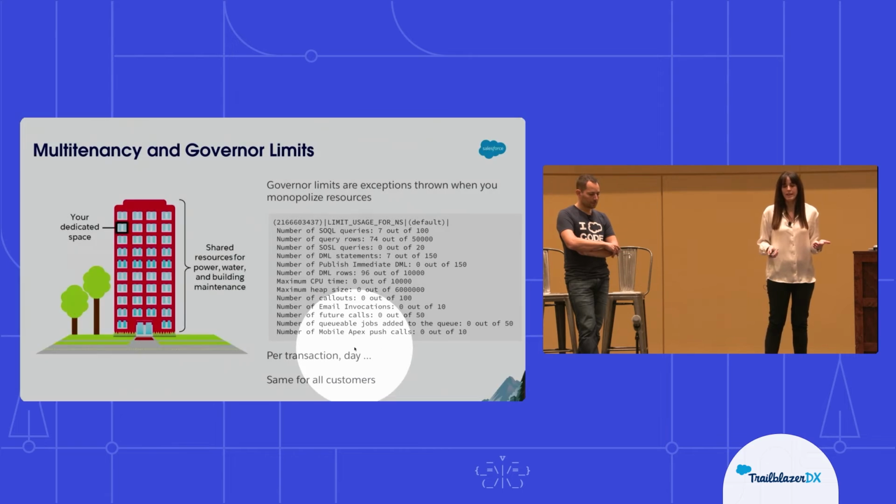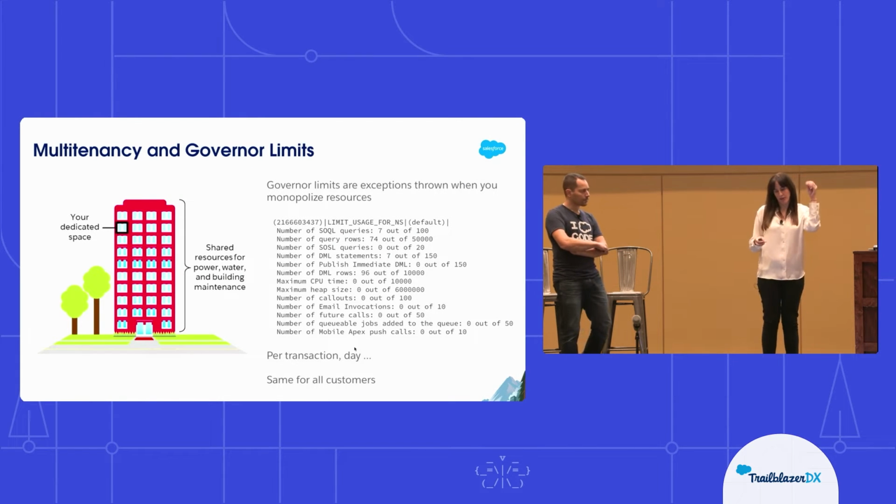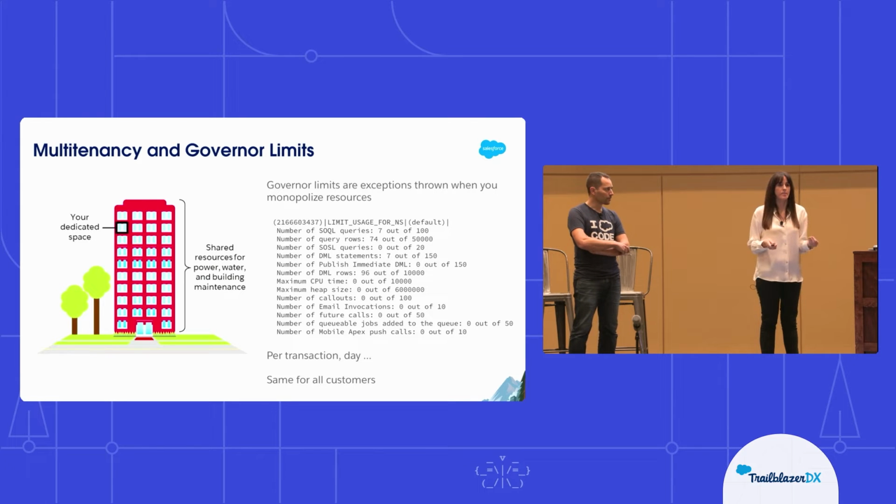But there are other limits that apply per day. The ones that you have to take especially into account in your Apex code are governor limits. Governor limits cannot be caught. It's an exception that is going to be thrown and is going to arrive to the end user, and that is something that we really need to take care of as Salesforce developers.